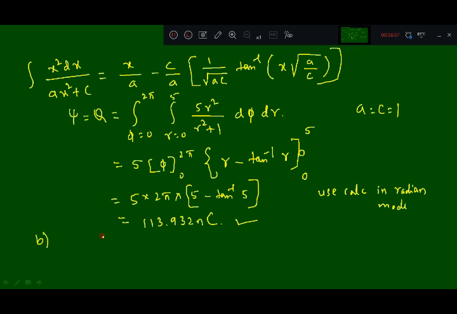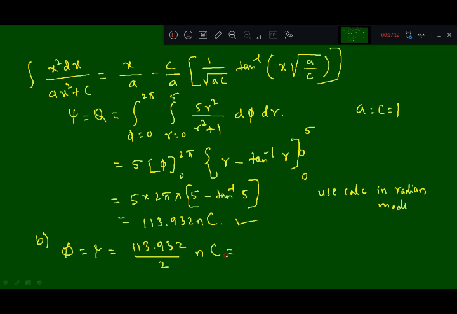So half of it, some half part will move at the top, half part will move at the bottom. So the charge or flux which moves in minus a_z is 113.932 divided by 2, in nanocoulombs.